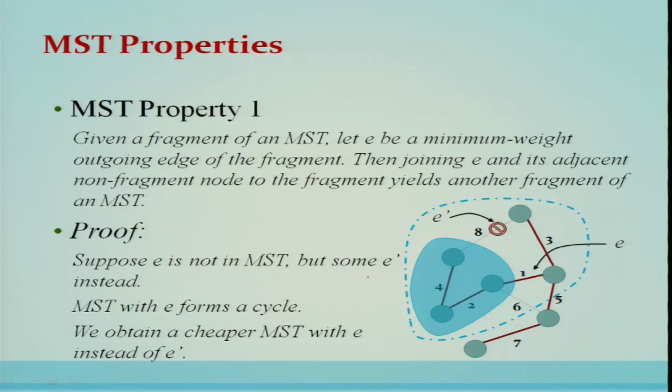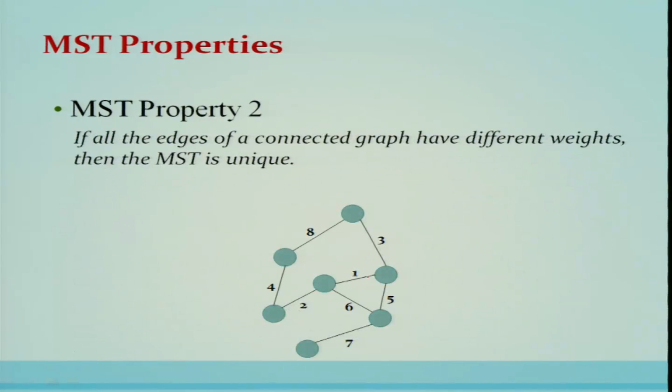Then joining E and its adjacent non-fragment node to the fragment yields another fragment of an MST. Take this example of a fragment with one minimum weight outgoing edge, shown as E. Here we can see from the animation that joining E and its adjacent non-fragment node to the fragment yields another fragment of an MST, which is shown over here.